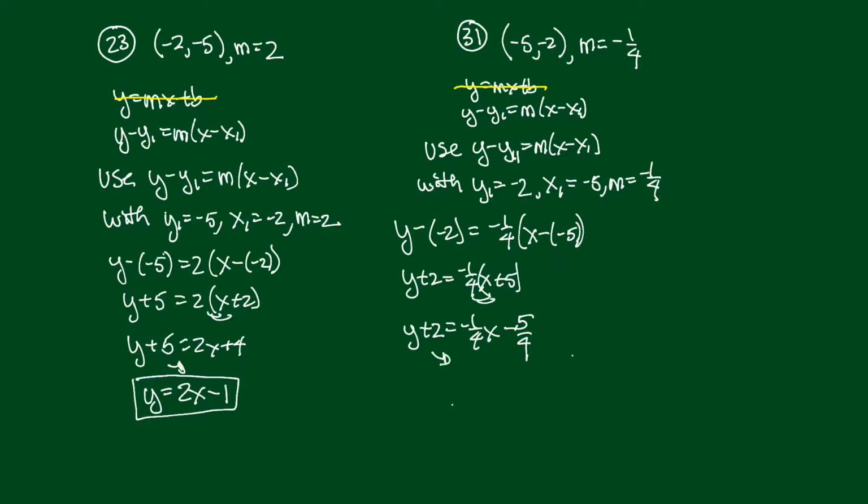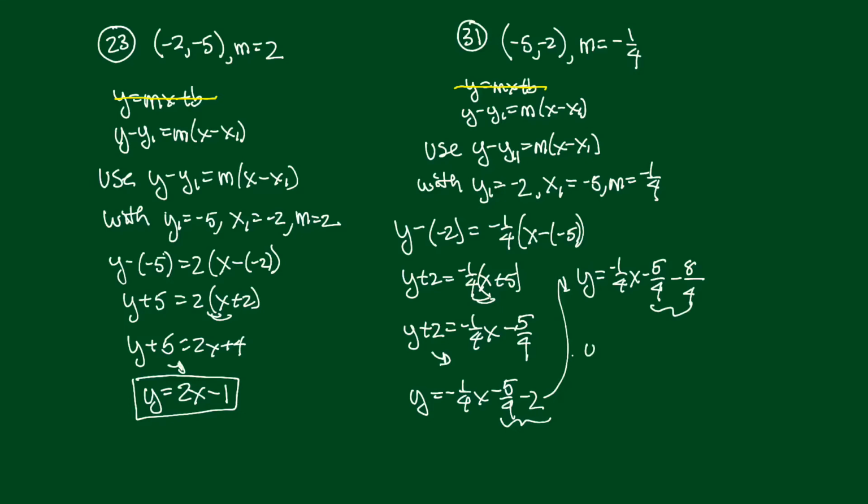All right, let's subtract the 2. So subtracting 2, we will get y equals -1/4 x minus 5/4 minus 2. Let's do this up here. I'm going to combine these two numbers. Now 2 I'm going to write as a fraction over 4. How about 8 over 4?